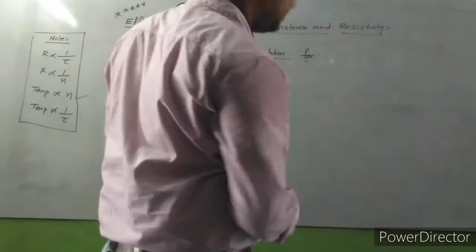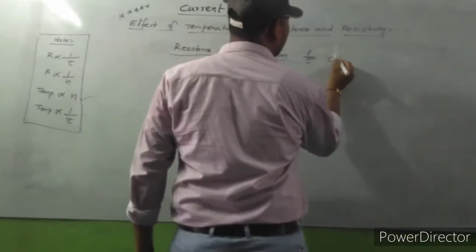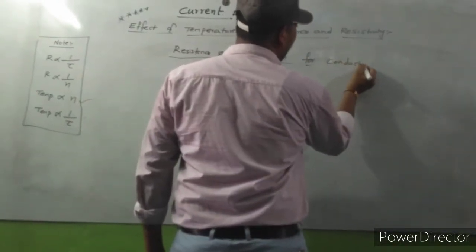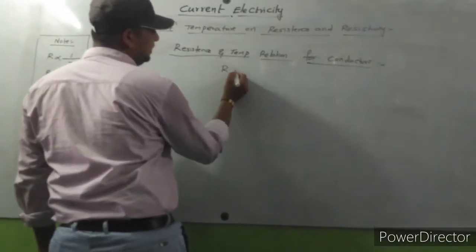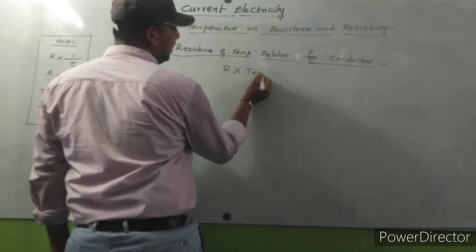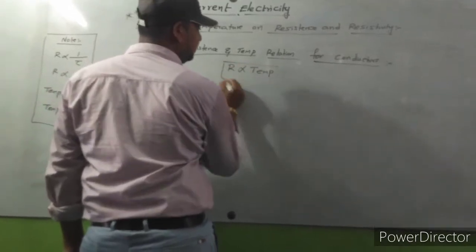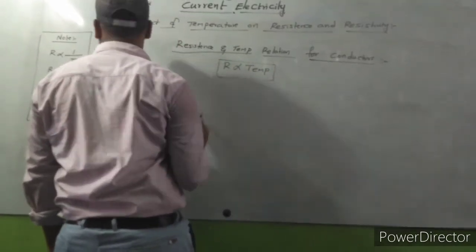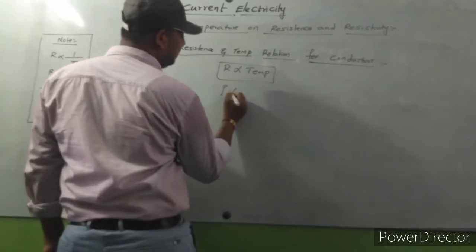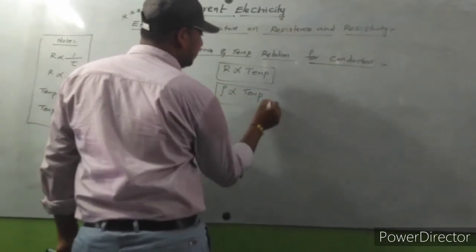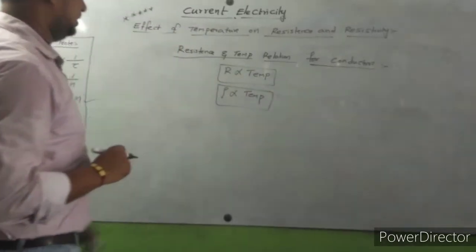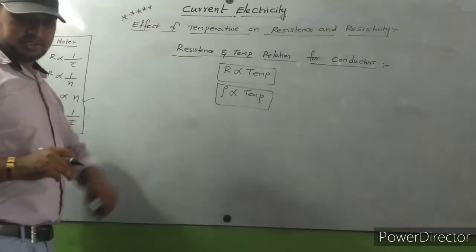What we got: resistance is directly proportional to temperature. Similarly, if resistance is directly proportional to temperature, resistivity is also directly proportional to temperature. That we discussed in the last lecture.